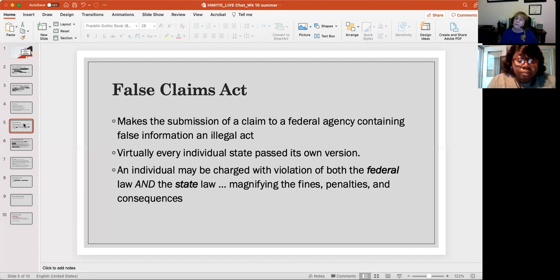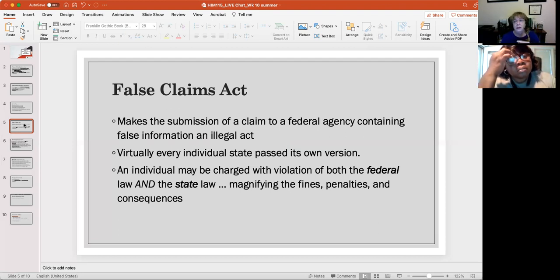But virtually every state has its own version, their state False Claims Act, which makes it illegal to submit a healthcare claim containing false information to any insurer within the state that is licensed to do business within the state. So now the law has been expanded to private insurance as well as federal insurance.